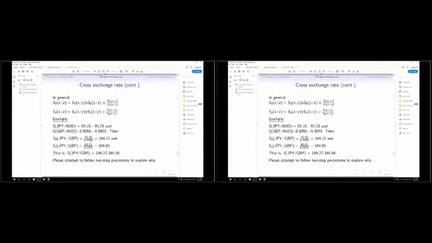This is the cross exchange rate equation from last time, incorporating the bid and offer values, right? Sorry, I should follow this order. X slash Z is X slash Y divided by Z slash Y. Okay, and bid is bid over ask, ask is ask over bid.